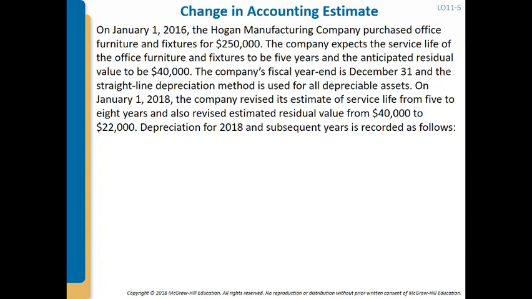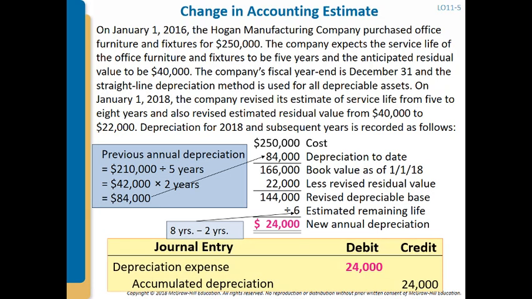So at the time of the change, their book value is going to be $166,000. You're going to take that book value as of the date of the change in the estimate. You're going to subtract the revised residual value.